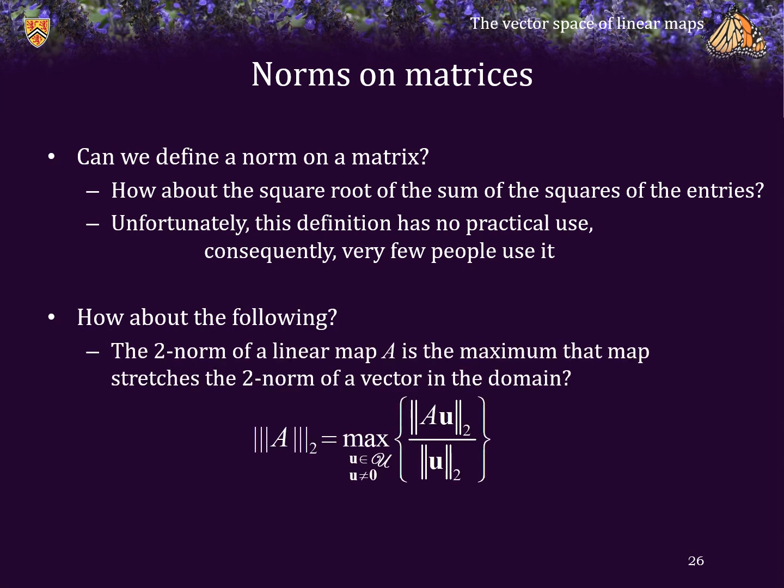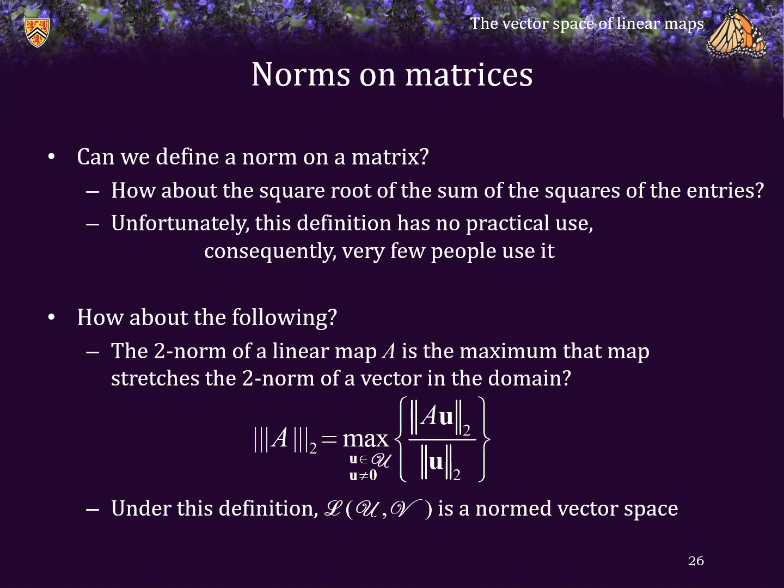Define the 2 norm of a linear map A as the maximum that map stretches the 2 norm of a vector in its domain. So basically what we do is we look at all non-zero vectors in the domain, and we calculate A applied to U and find its 2 norm in V. We divide that by the 2 norm of U, and that, interestingly enough, usually has a maximum value, certainly for finite dimensional vector spaces.